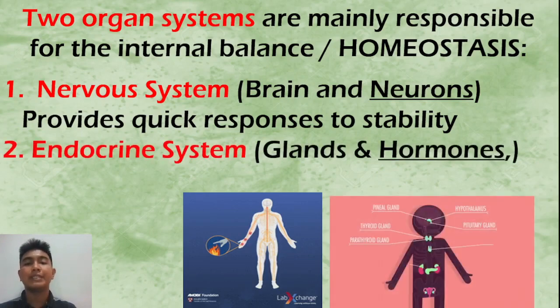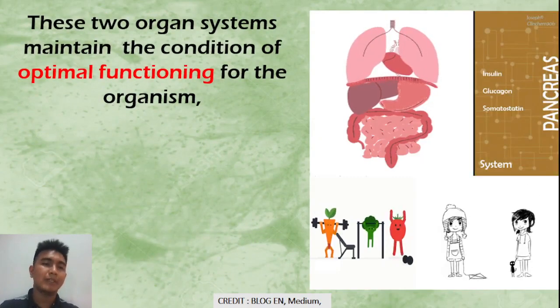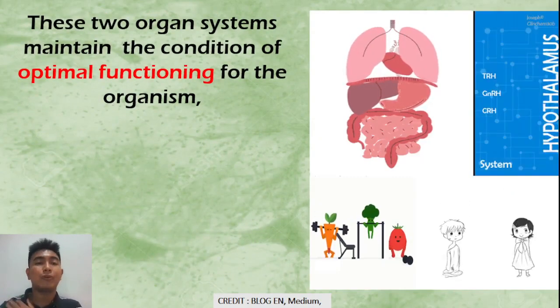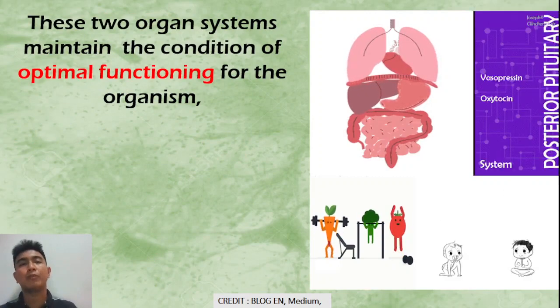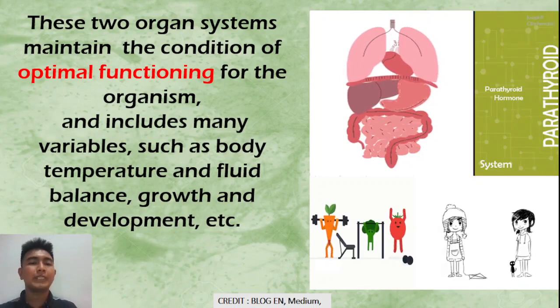When you are changing, and there are changes also in your body in the long term, the endocrine system has glands and hormones to regulate its functions. Things like puberty, pregnancy, growth, having wounds, having sicknesses, the endocrine system actually takes care of that. These two organ systems partner with each other to maintain the condition of optimal functioning, to make our body perform at its best, and includes many variables.